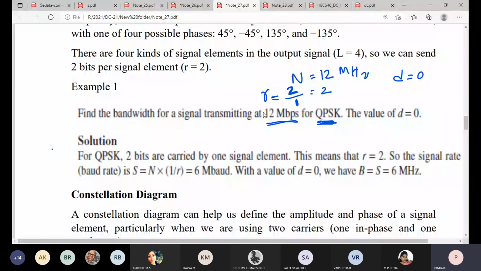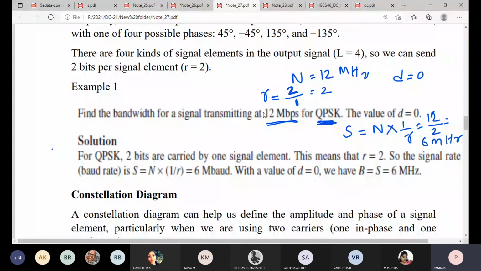So you came to know r. Now you can calculate the signal rate. The commonly used formula for calculating signal rate, because we know the value of n here, is n into 1 by r. n is 12 megahertz, divided by 2, that is equal to 6 megahertz.